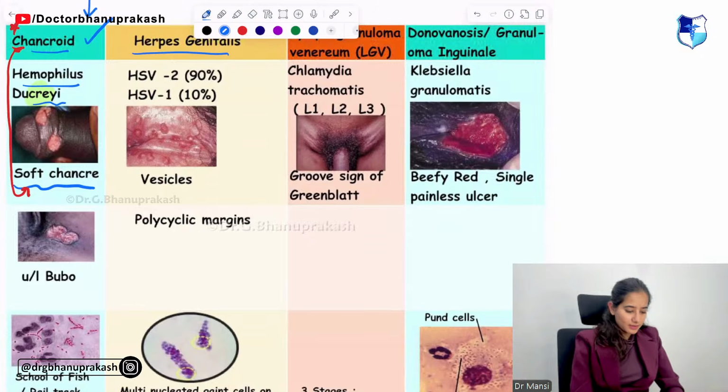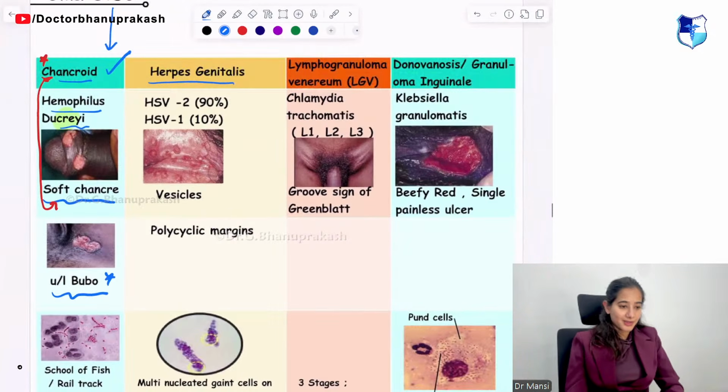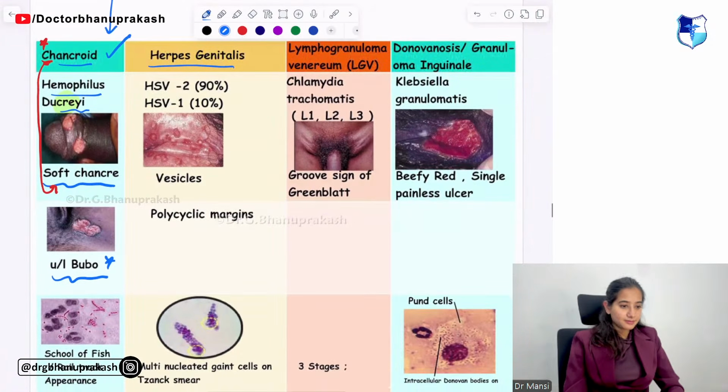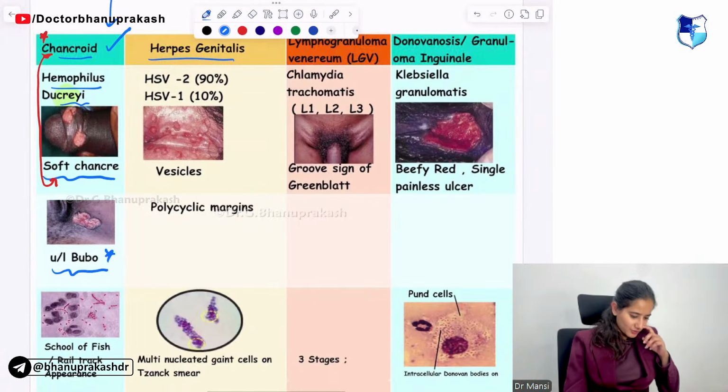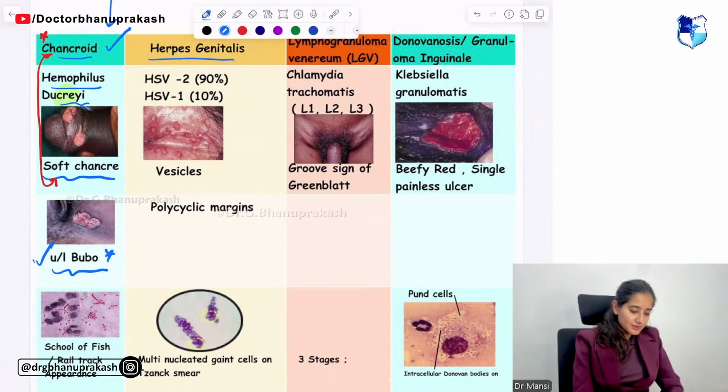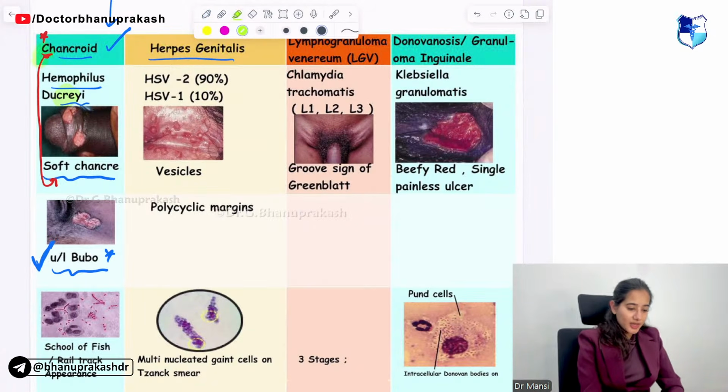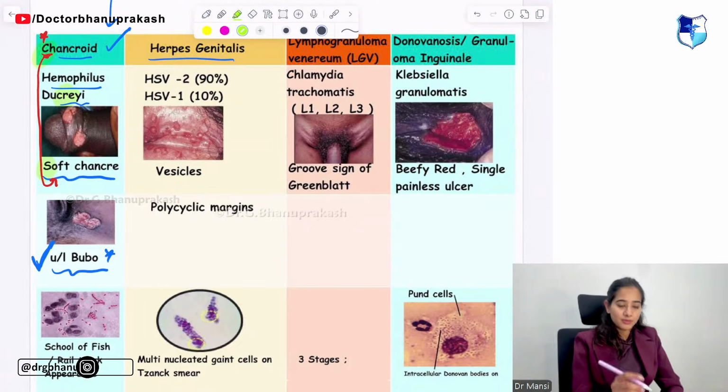What is a bubo? Can anyone tell me before I tell you? Yes, you're absolutely right, the painful lymph node, with an ulcer. This will be characterized by a unilateral bubo. So remember, chancroid sounds like C: soft chancre and a single, unilateral bubo.